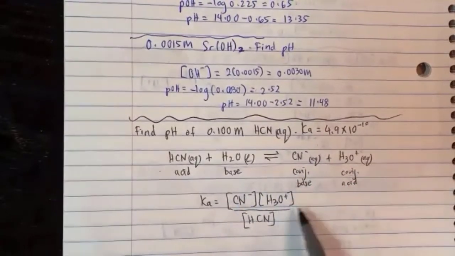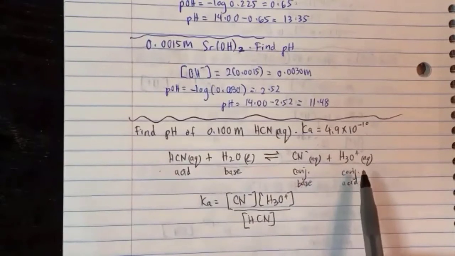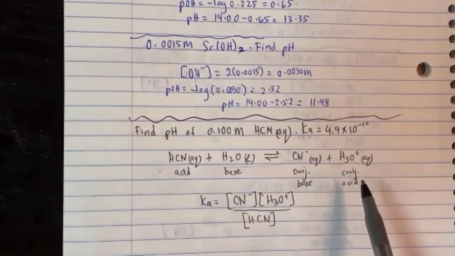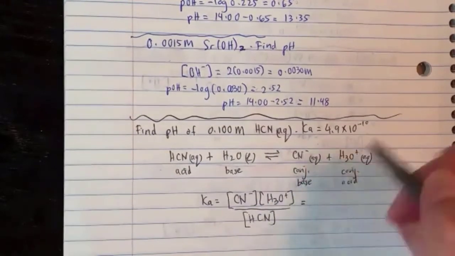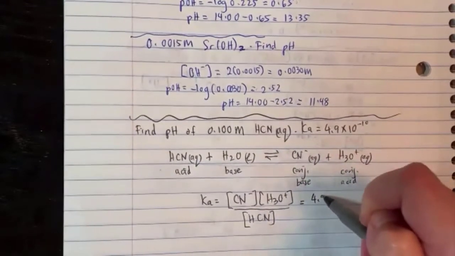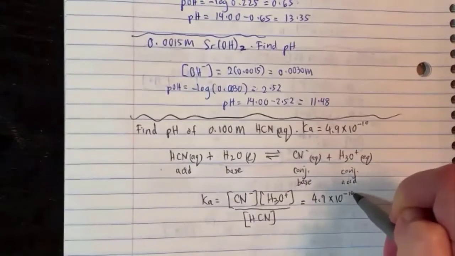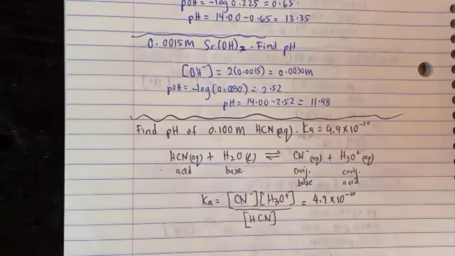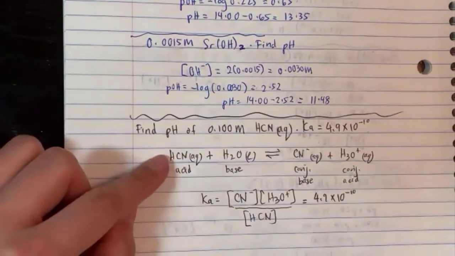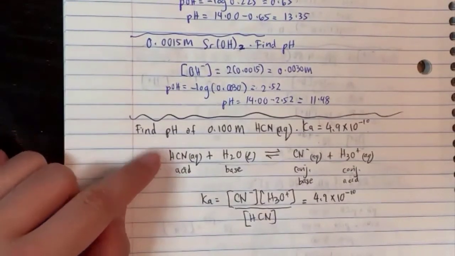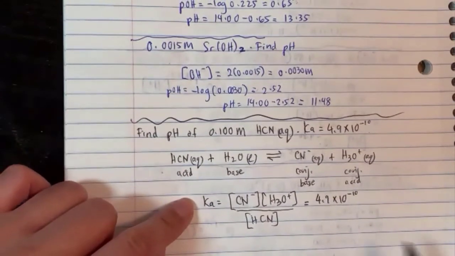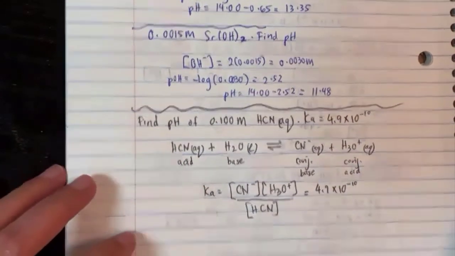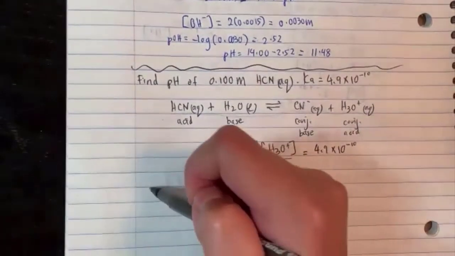Now we know the formula is this based on the equation. You set it equal to 4.9 times 10 to the minus 10. We do the same thing as in the previous chapter. The only difference is you have to write the equation on your own. You come up with the K formula as usual, set it equal to the K they gave you, and then you set up the ICE table.